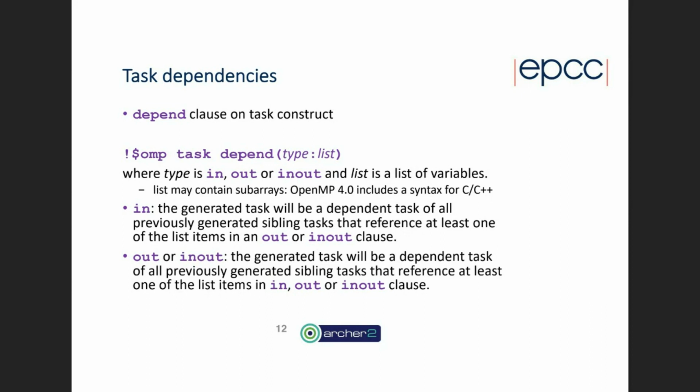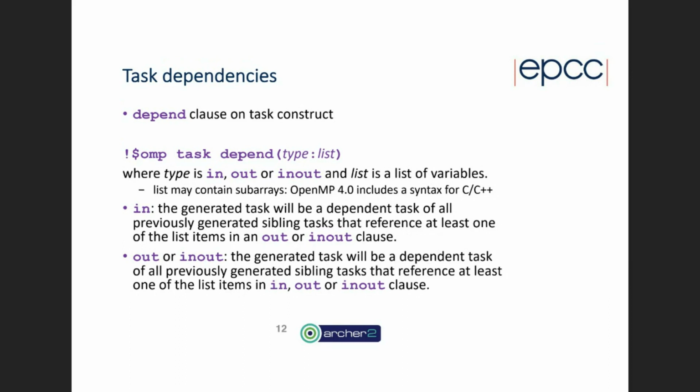OpenMP includes array sections in C. The way this is specified is that if the depend type is in, then the generated task will be a dependent task of all previously generated sibling tasks that reference at least one of the list items in an out or an inout clause.